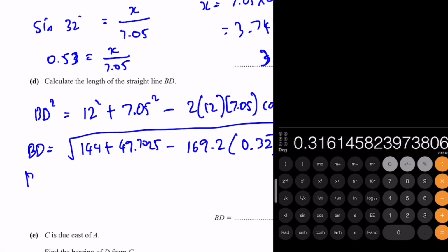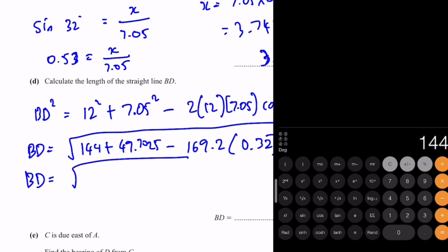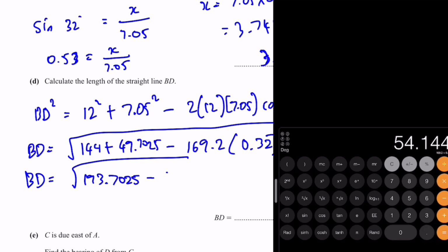Now BD is equal to the square root of 144 plus 49.7025, which is equal to 193.7025, minus 169.2 into 0.32, which is equal to 54.144.